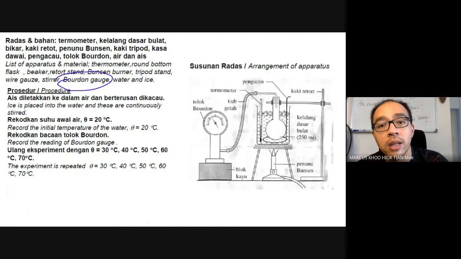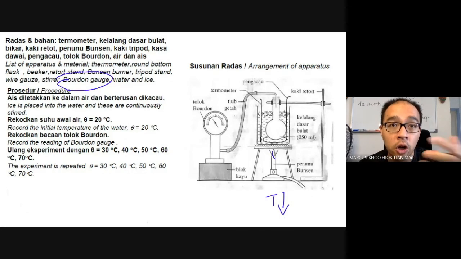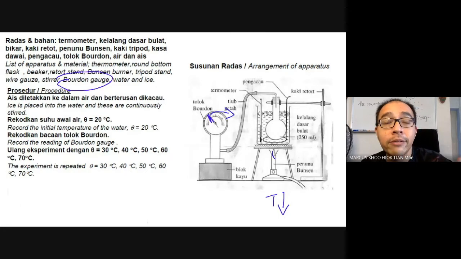Whatever pressure is here is going to be measured by the Bourdon gauge. At first, when you put ice inside, it's low temperature, so you expect a low reading of the pressure. Then when you heat it up, the temperature increases, and according to your hypothesis, the higher the temperature, the needle on the Bourdon gauge is going to move higher. You're going to get a bigger reading of the air pressure.